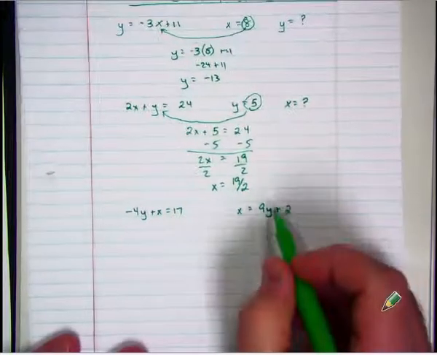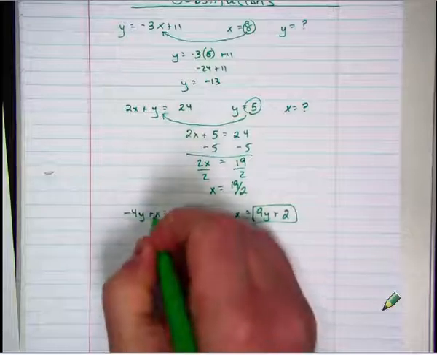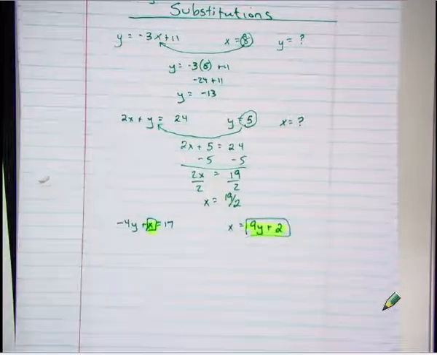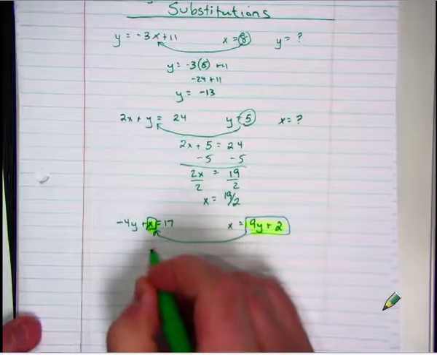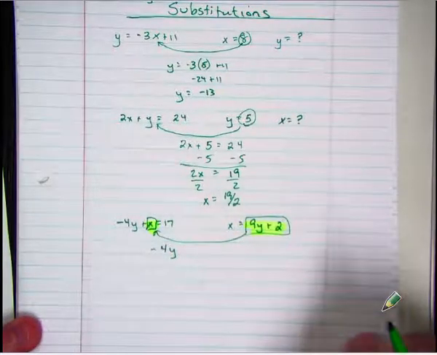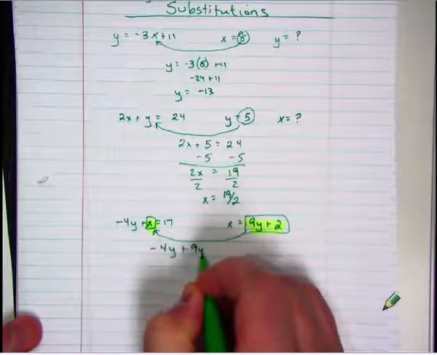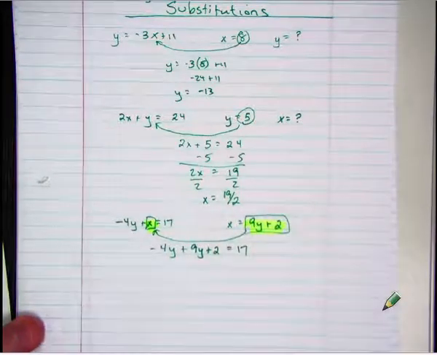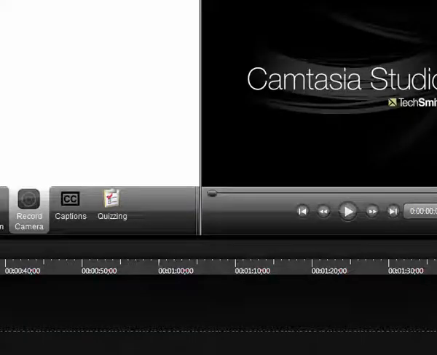We can take all of this stuff for x and substitute it in place of x in the other equation. So the way that would look now is negative 4y plus, instead of x, I'll write 9y plus 2 equals 17. I continue with my idea of substituting.